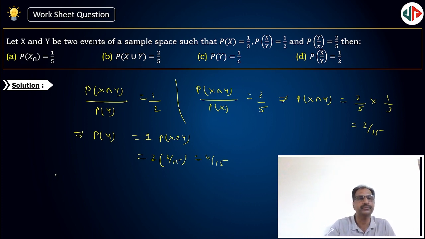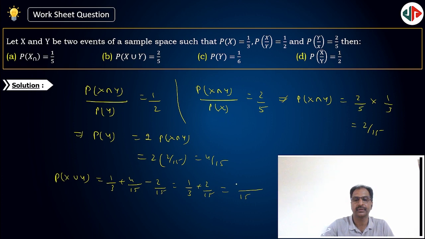Next, find P of X union Y. P of X union Y is P of X plus P of Y minus P of X intersection Y. So this is 1 by 3 plus 2 by 15. LCM is 15. 5 plus 2, 7 by 15, which is not there.